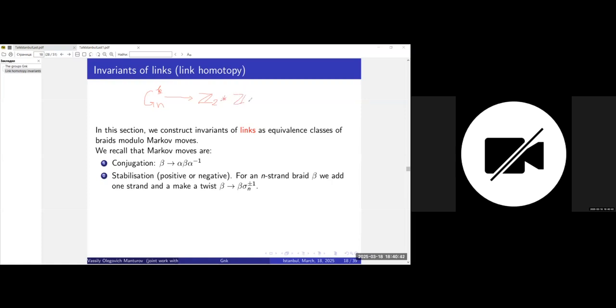So this is the free product of many copies of Z_2. The group on the right side is powerful enough. It has exponential growth. On the other hand, it's very easy to deal with. Here, the word problem is solvable. So this means that we can get invariants that are easy to compare and powerful enough.